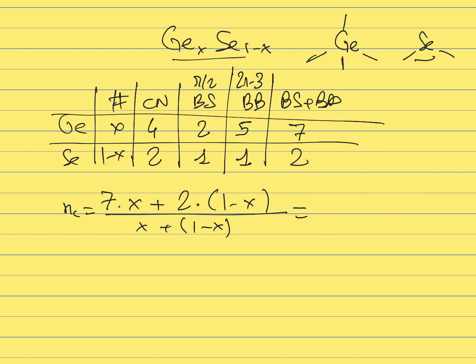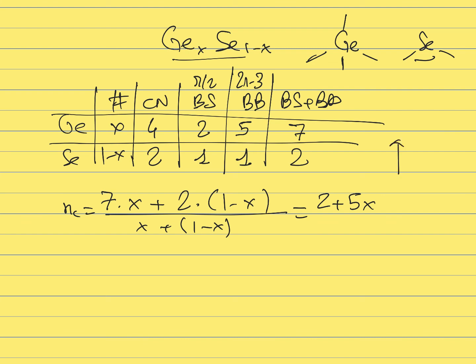The terms that do not depend on x would be just 2. The terms that depend on x would be 7 minus 2, that is to say 5x. And you divide by the number of atoms, but in this case, the number of atoms is just equal to 1. So you find that the number of constraints per atom is equal to 2 plus 5x.